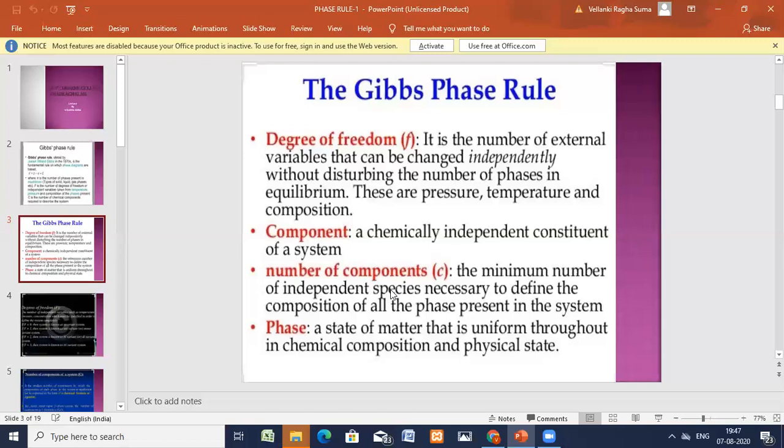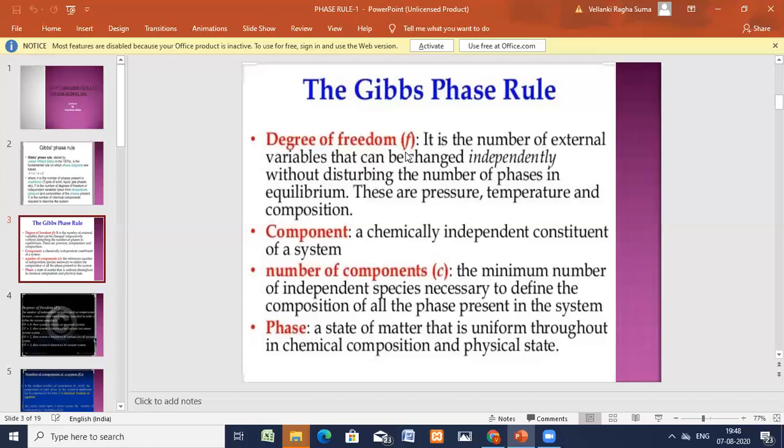Now, what are degrees of freedom? Degrees of freedom is denoted by F, phase is denoted by P, and component is denoted by C. The number of degrees of freedom of a system is the number of factors, namely temperature, pressure, and concentration of the components, that can be varied without altering the phase.